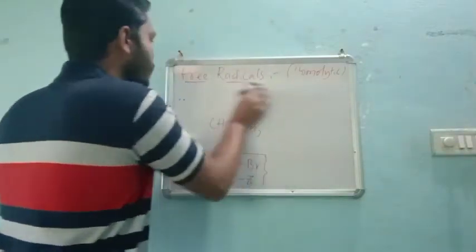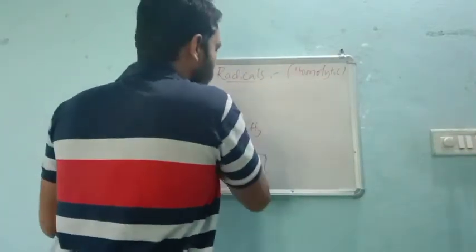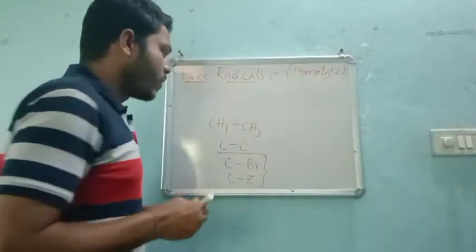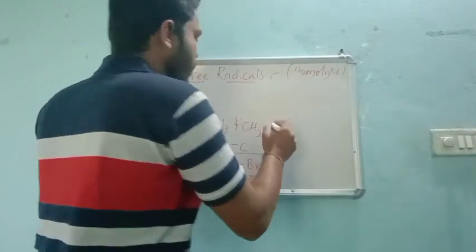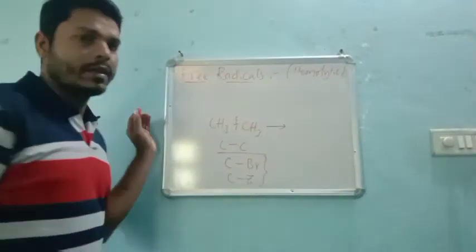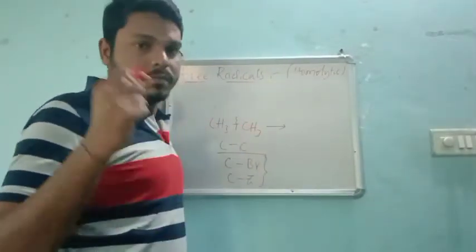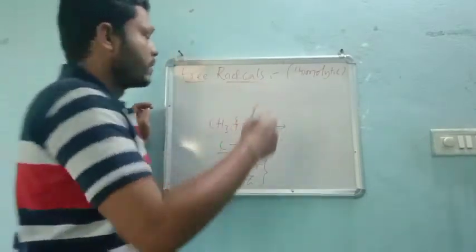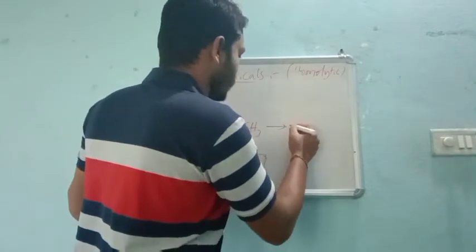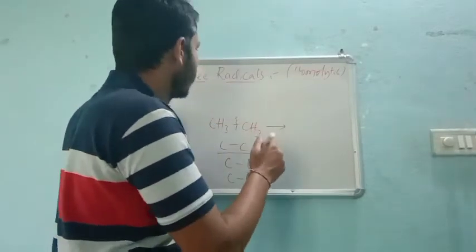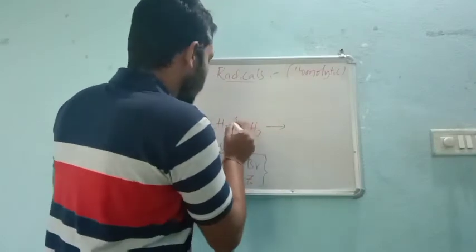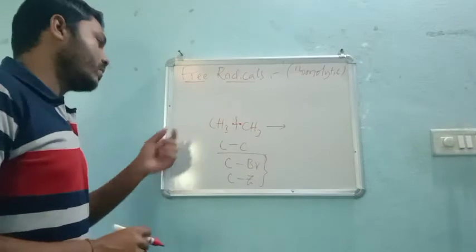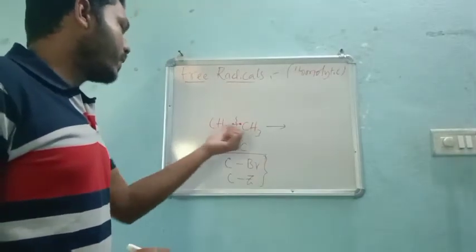These are very simple, but we must know what homolytic and heterolytic cleavage are. If you know these, then this part is very easy. That's why basics are very important to understand the next part. Again here there are two electrons. There is a bond between carbon and carbon.